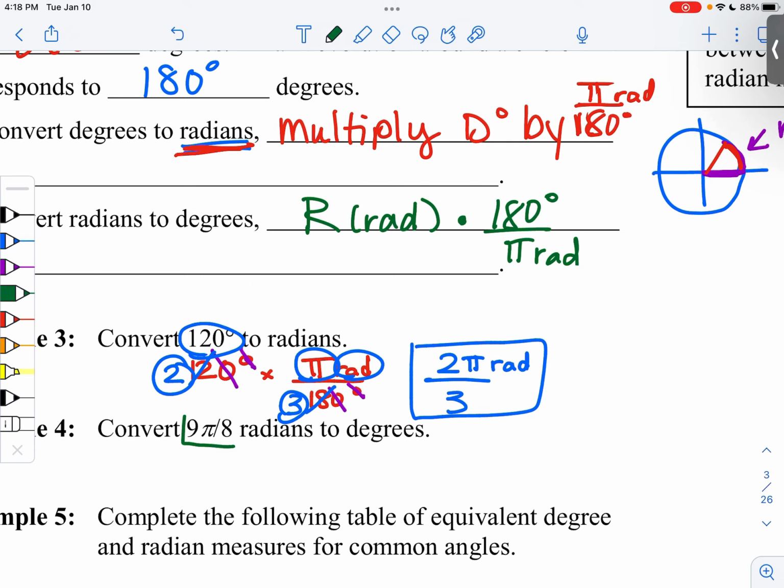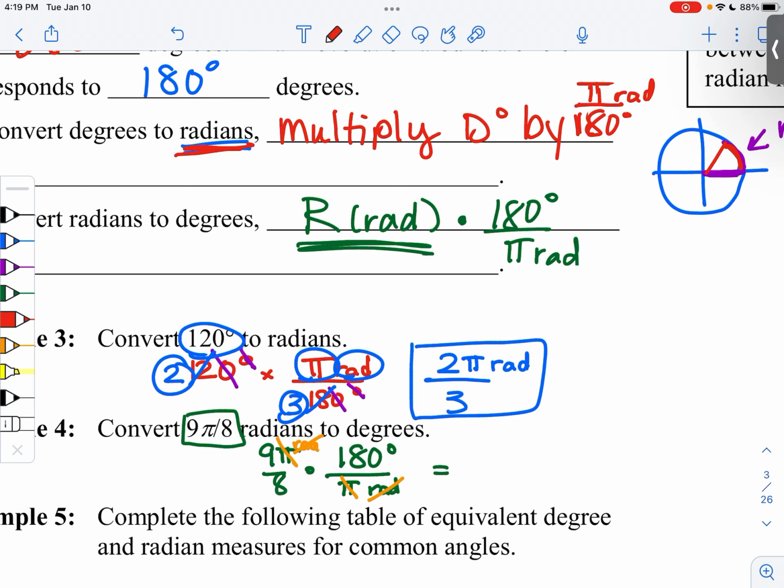And to convert 9 pi over 8 radians to degrees, again, we're going to take our radians, which is 9 pi over 8 radians, and multiply by 180 degrees all over pi radians. So when we're looking at this, I know pi divided by pi, and radians divided by radians cancels out.